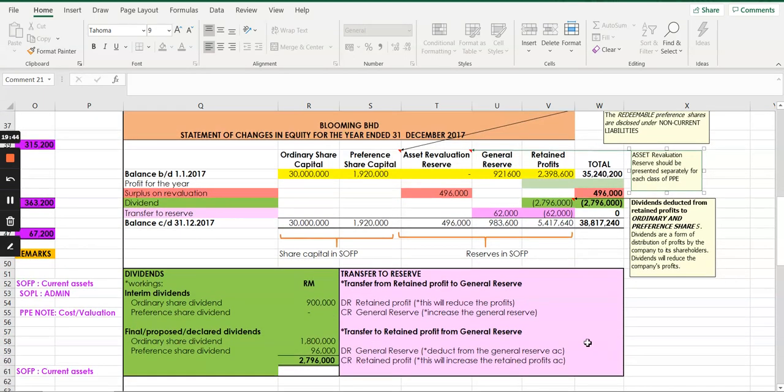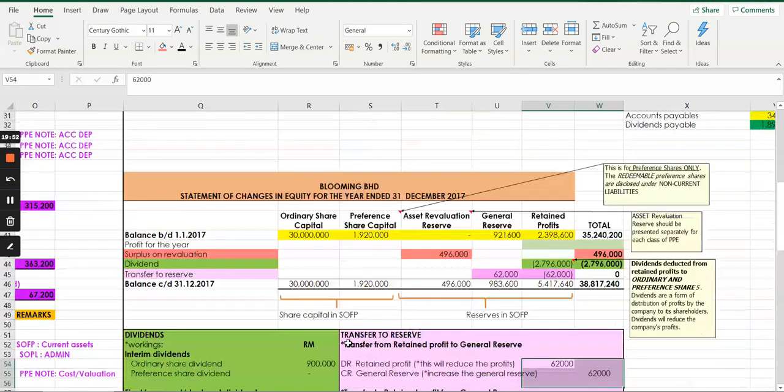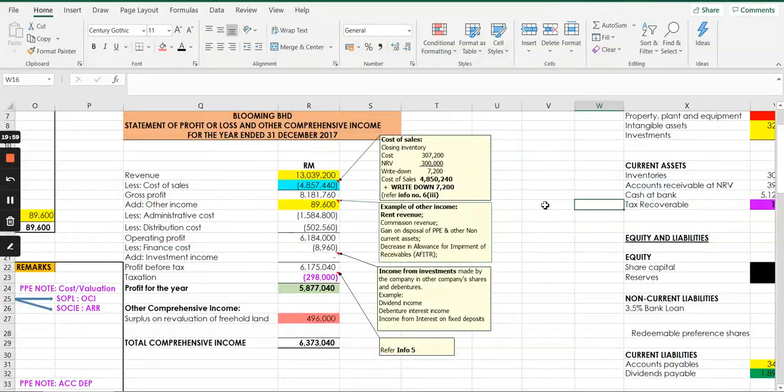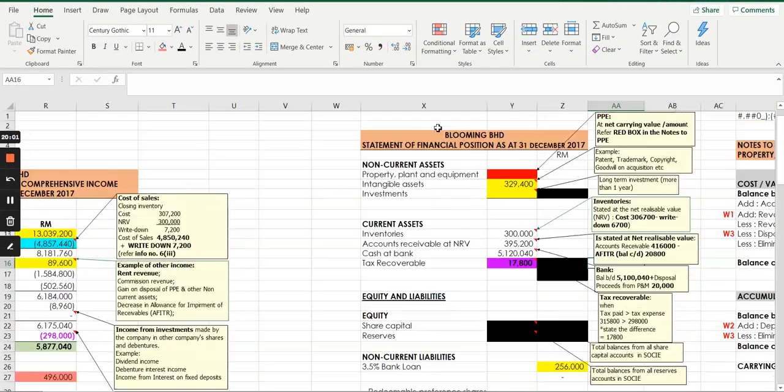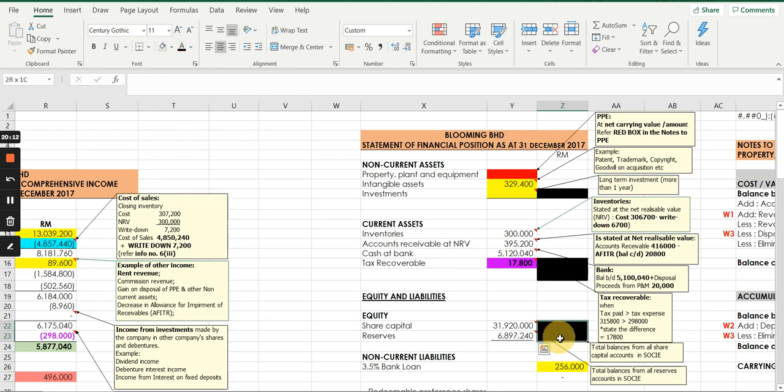This is the journal entry in case you are interested. The journal entry for the transfer made from retained profit to the general reserve. This one will be transferred to the statement of financial position, this one as well under the equity section. Let's do that. Okay, here it is. These are the two things here, and these are the two things, the total there.